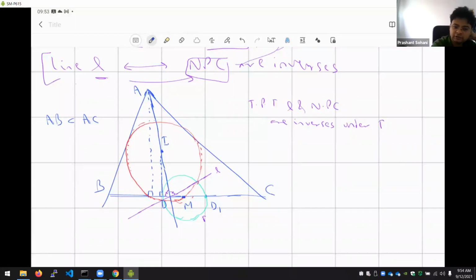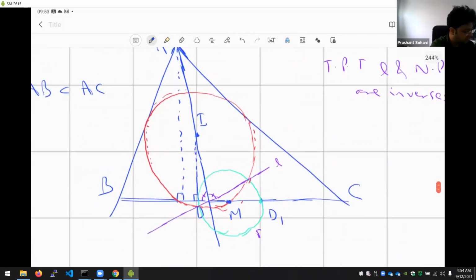For example, to define that line uniquely, you can fix, let's say, one point on that line and the slope of that line. Okay. So for example, in this diagram itself, consider the foot of the altitude from A. Let us give this point some name, P, let's say.